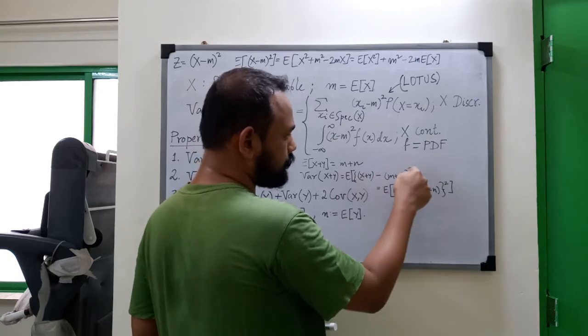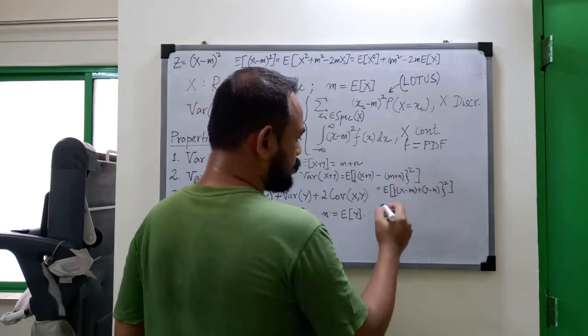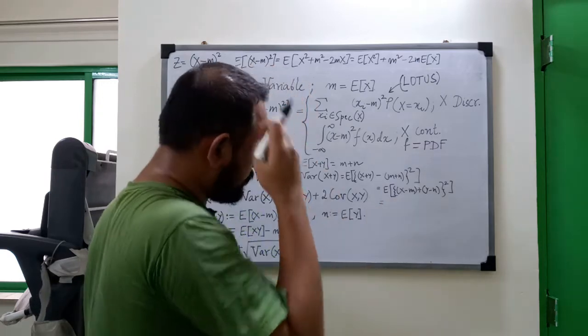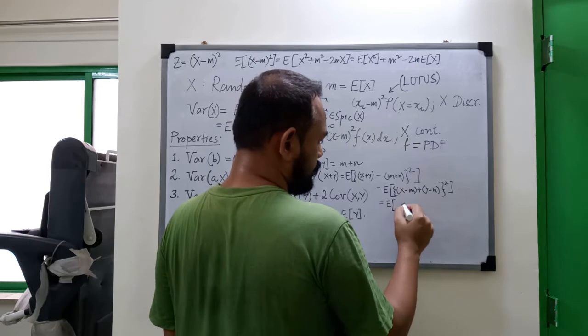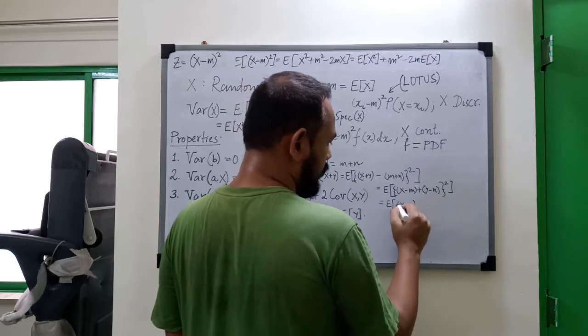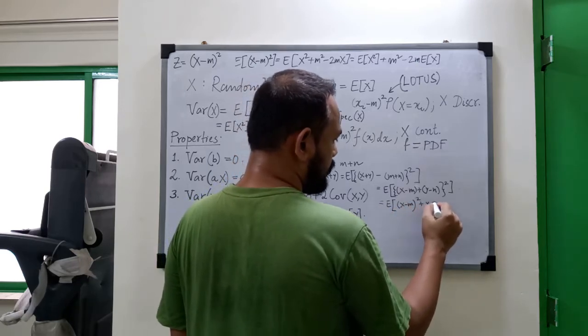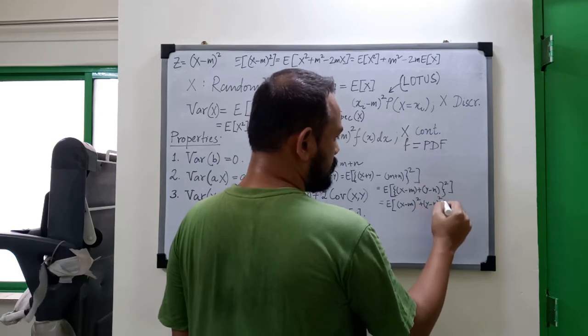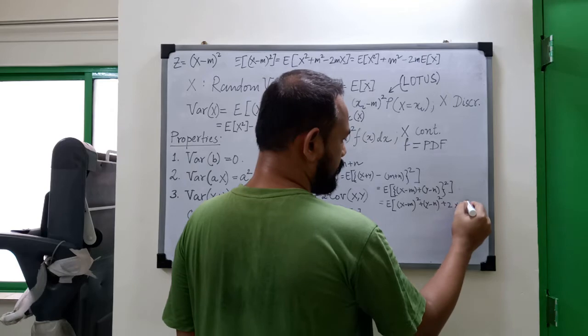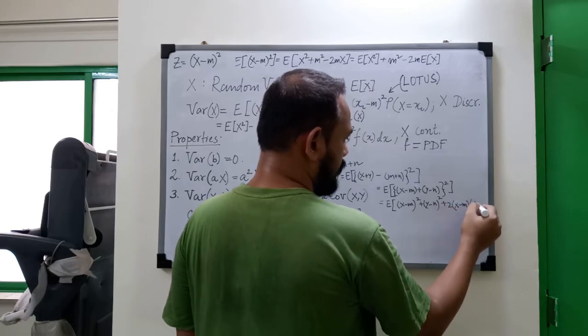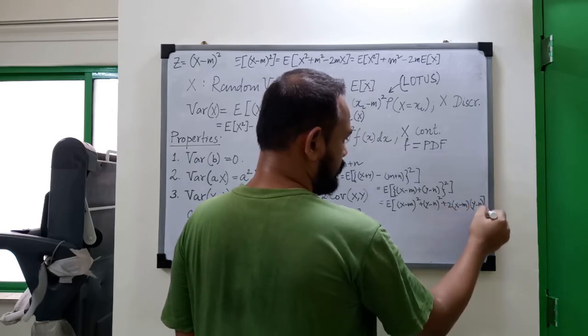The outside you have a square. And this would be, well, if you just square them, you would have x minus m squared plus y minus n squared plus 2 times x minus m and y minus n, right?